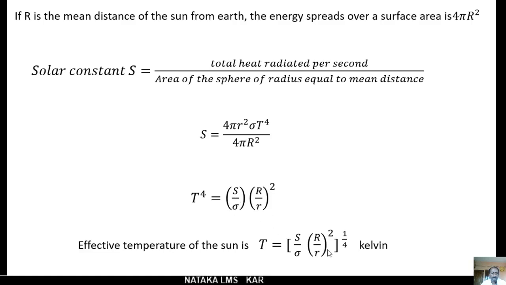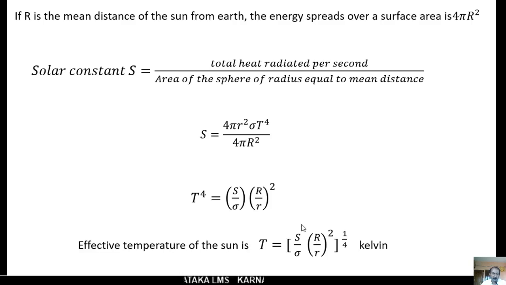You can substitute all these values, and the S value is nearly 1.94. After calculation we got nearly 5730 degrees Kelvin. That is the effective temperature of the sun.